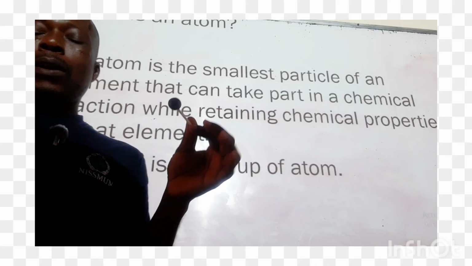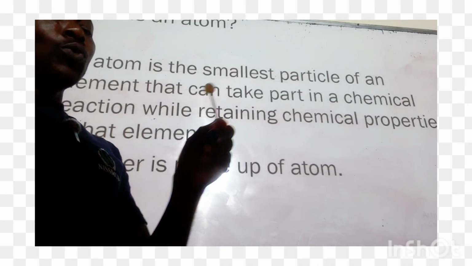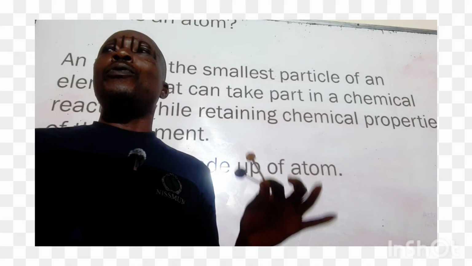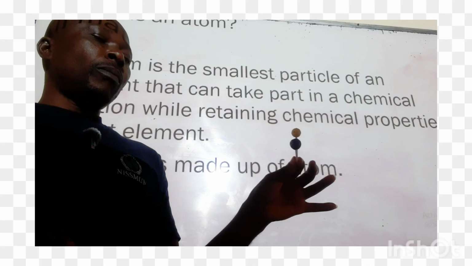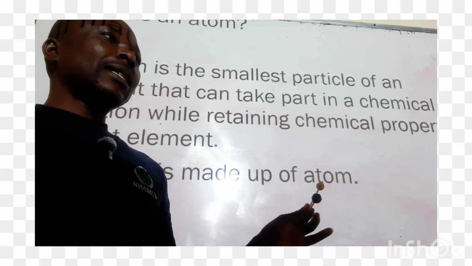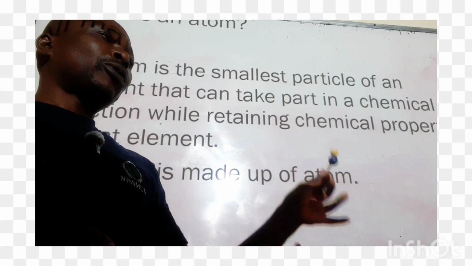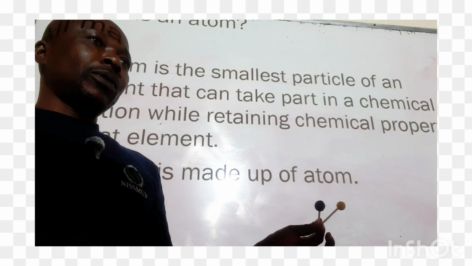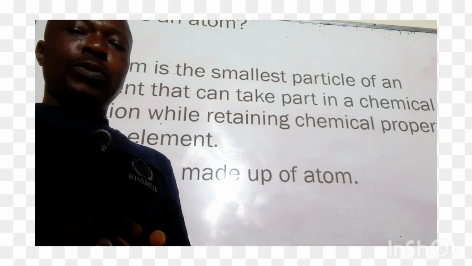Now, if it has 3 openings, what does it signify? This one has 2 openings, 1, 2. Now, these openings signify the valency, the number of electrons that this atom has in the outermost shell, or the valence as the case may be.